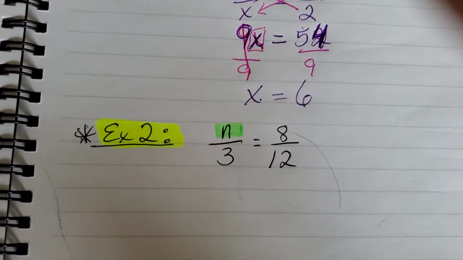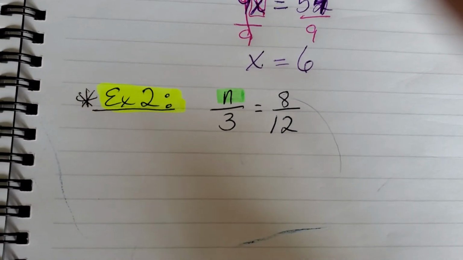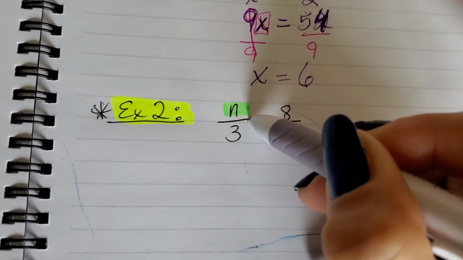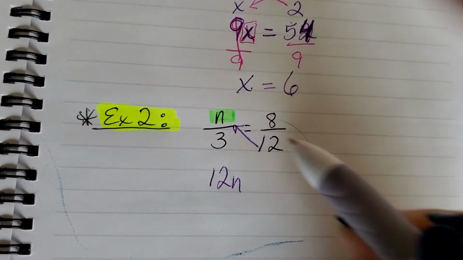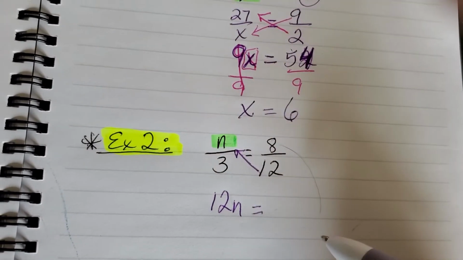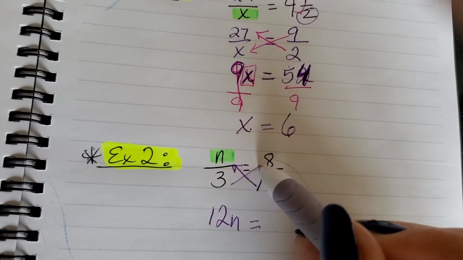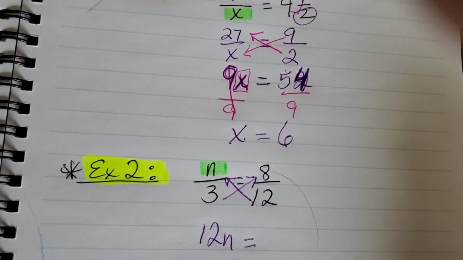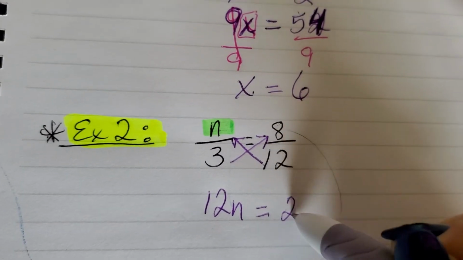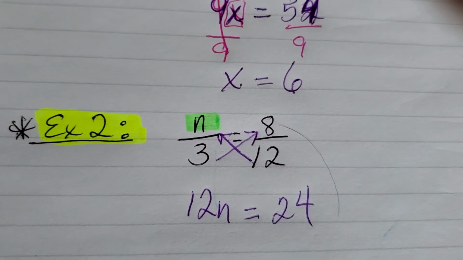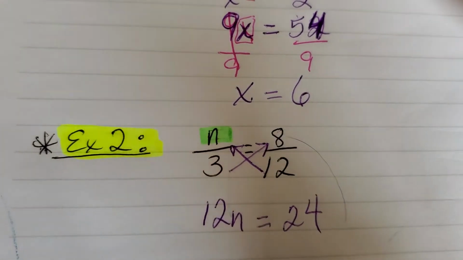And again, I always multiply in the direction of the variable. So I'm going to take 12 times n, and I get 12n. Bring down my equal sign, and then cross multiply the other direction. 3 times 8, or 8 times 3, right? Either direction, we're going to get our 24.